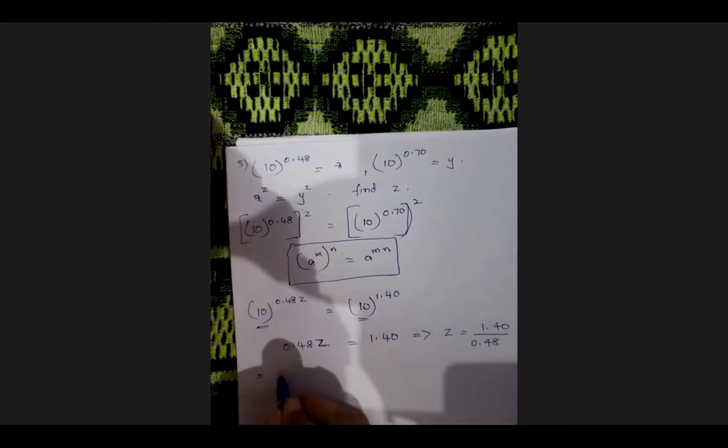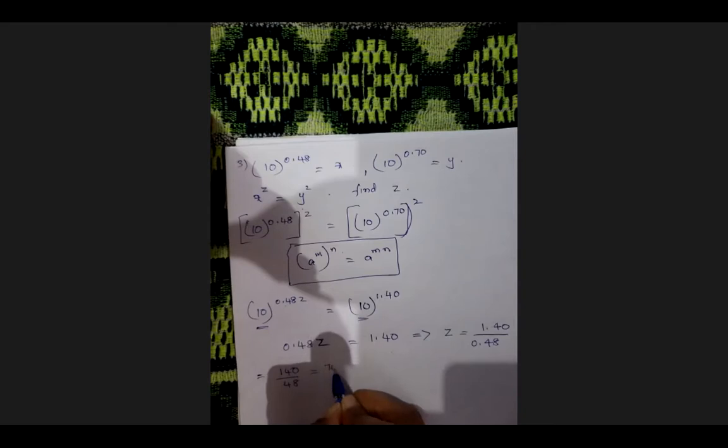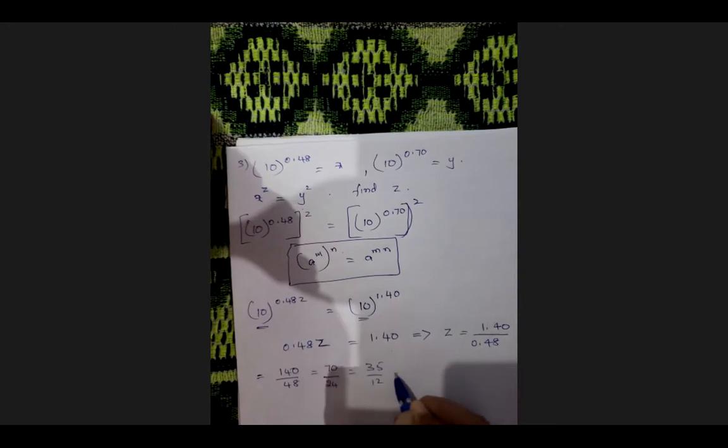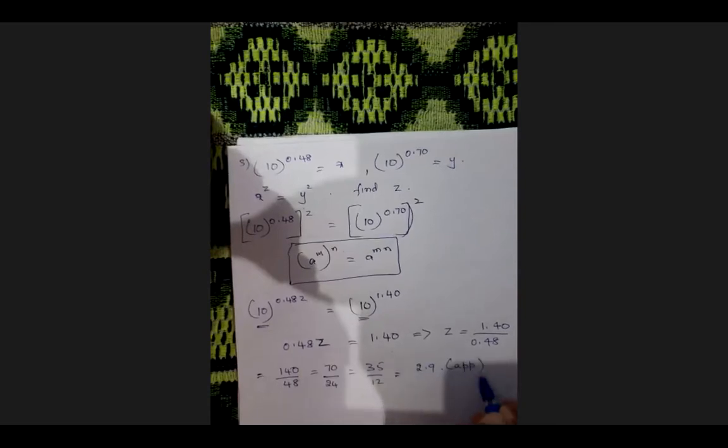That is equal to 140 by 48, which is 70 by 24, which is 35 by 12. That is approximately equal to 2.9, not 3. Okay, approximately. So the value of z is equal to 2.9 approximately.